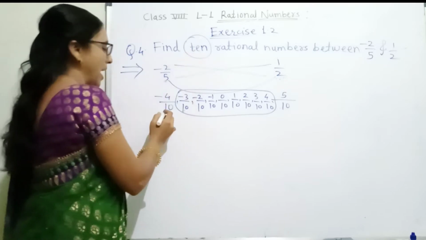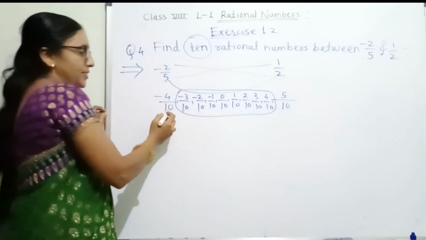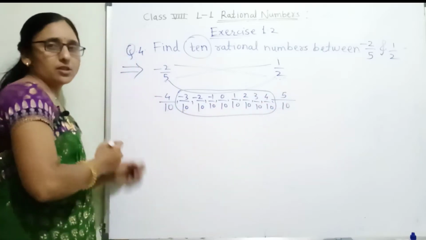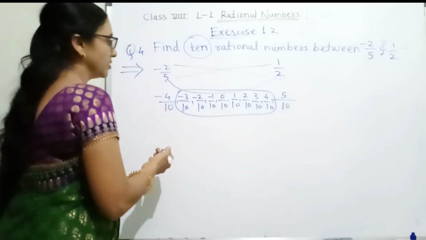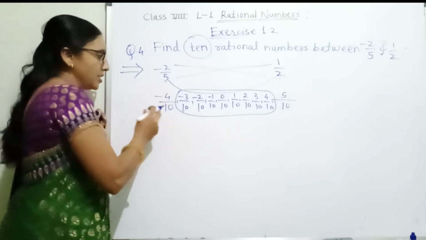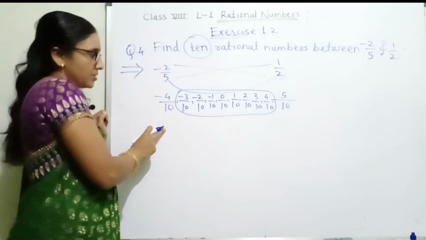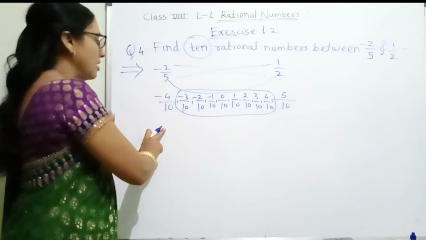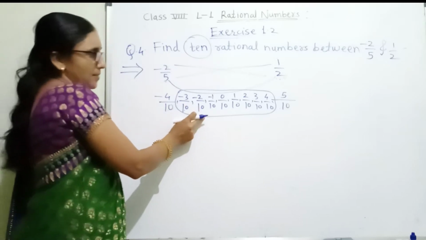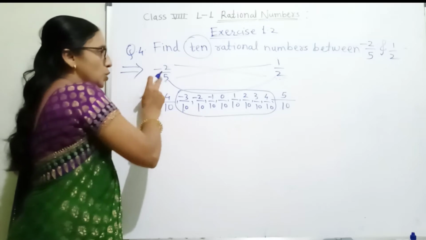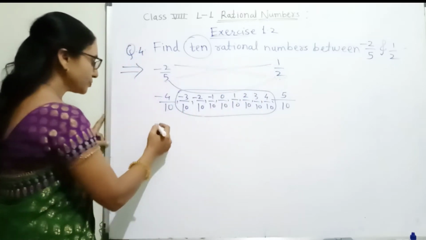So multiply minus 4 by 10 and 5 by 10 by any number that you want. You can multiply by any number and get equivalent rational numbers with greater denominators, so that we can find more rational numbers between these two rational numbers.